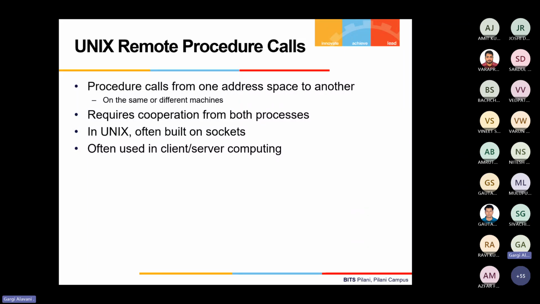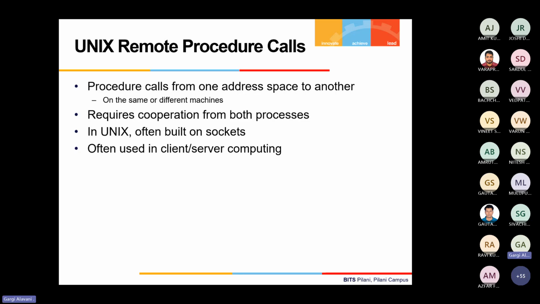In Unix specifically, RPC is implemented on top of sockets. What helps with using RPC is that you don't have to think about how the socket programming or network programming is happening underneath.